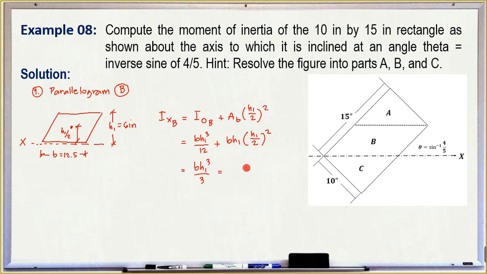So we substitute the values: our b is 12.5, and our height is 6 cubed, divided by 3. If we solve this, the answer is 900 inch to the fourth. Okay, this is for the parallelogram.